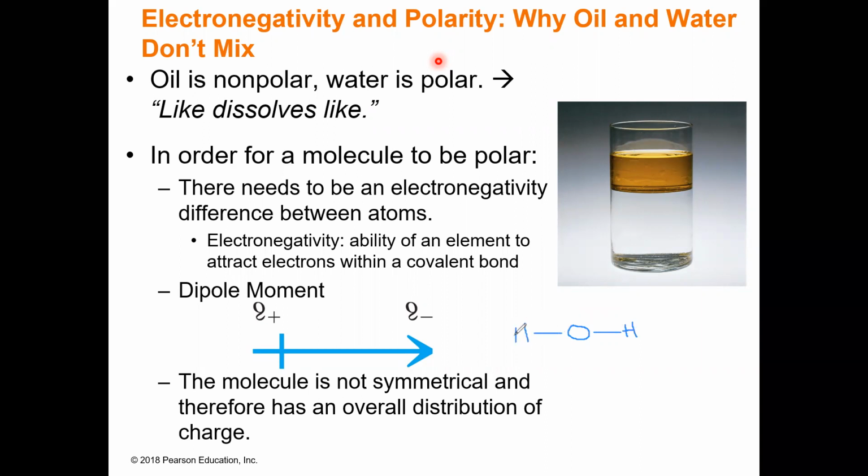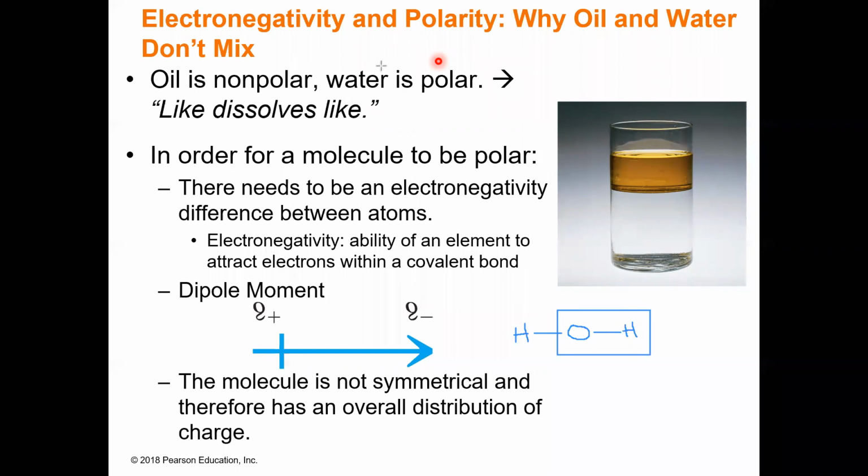Here, I'm not going to draw the two lone pairs on the central atom, just because it's not vital for what I'm about to show to you here. But it is important to know the geometry in determining whether a molecule is polar or nonpolar. But in this case, let's look only at one bond.